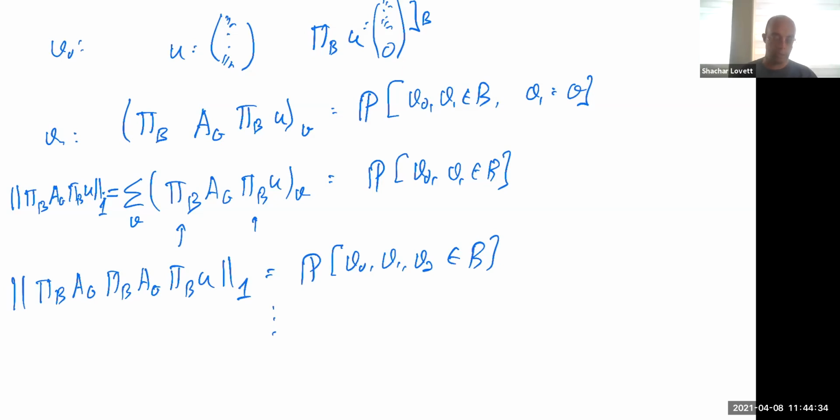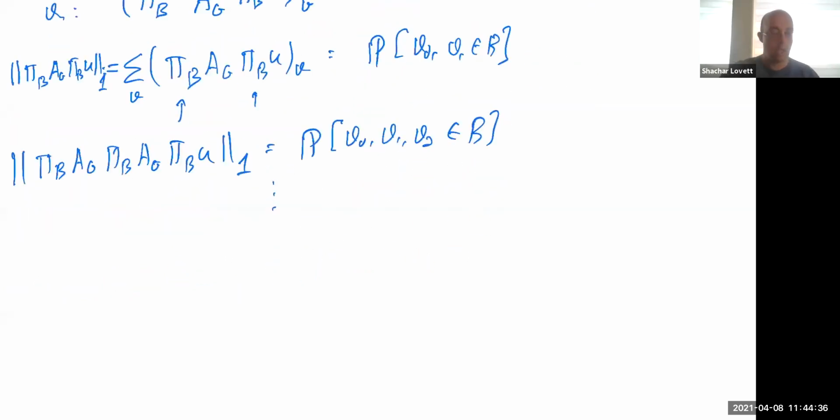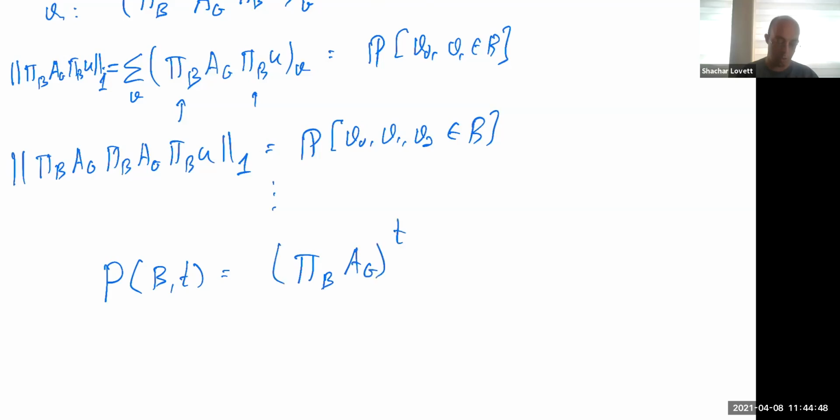So let's take it on faith now and then see how we can simplify it. We have this probability we're trying to estimate. We express it as this linear algebraic quantity. And now we're going to try and simplify it and use it.